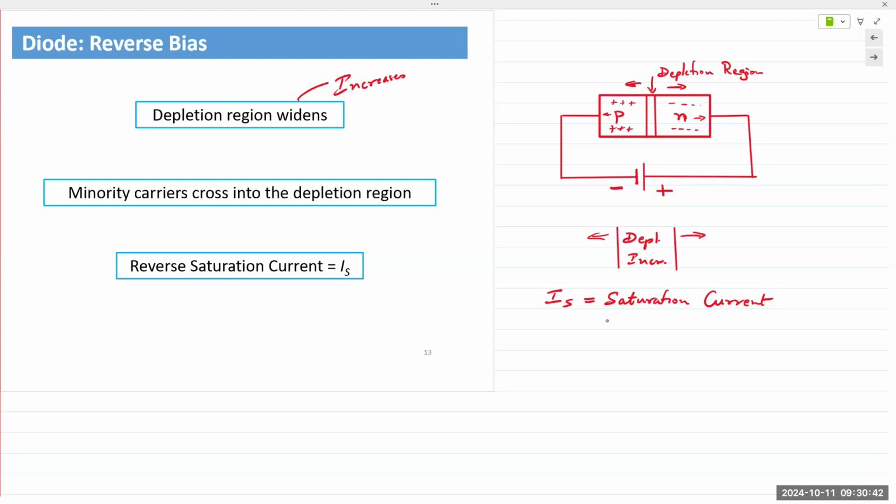If you increase the voltage that you're applying in reverse bias, that increase in energy causes more carriers to cross the junction. And so the saturation current actually increases with increasing voltage. It does not actually saturate.